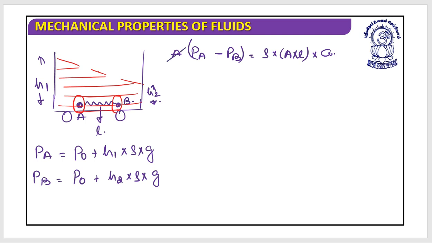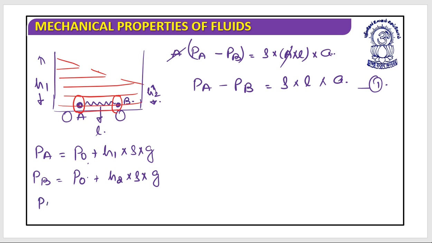So the cross-sectional area has been cancelled, and we can write PA minus PB is equal to density of fluid multiplied by the length between the two points multiplied by acceleration A. It's rho into L into A. So let's understand that this is the first relation.